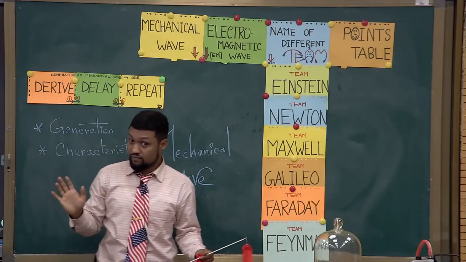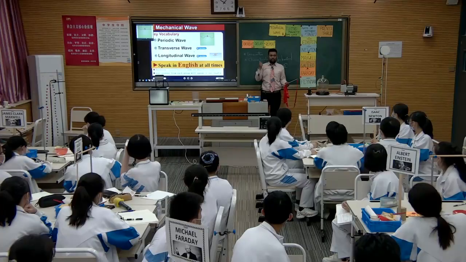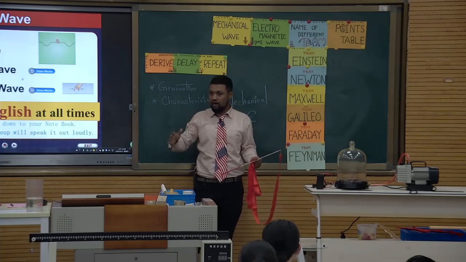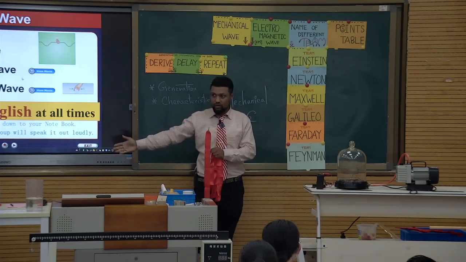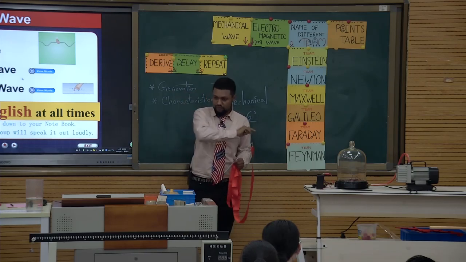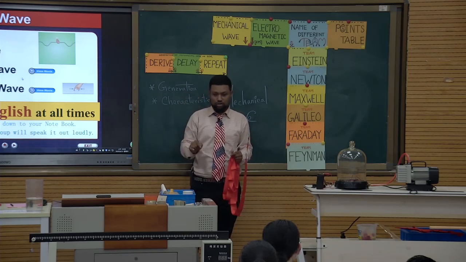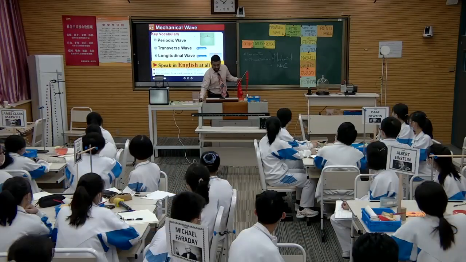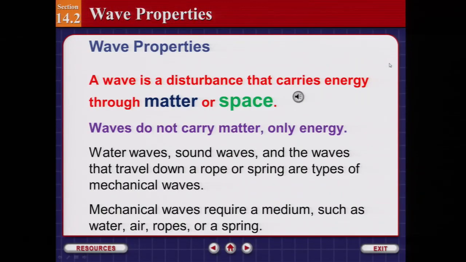Do you understand? So periodic wave, transverse wave, and longitudinal wave, all these 3 waves are in the category of mechanical waves. You already learned in your previous class what transverse, longitudinal and periodic waves are, so I'm skipping this one for the next slide.